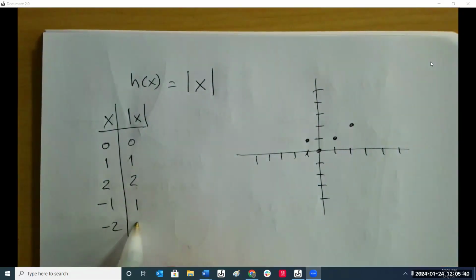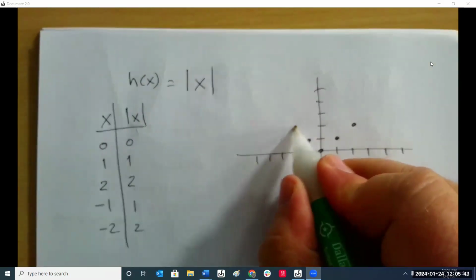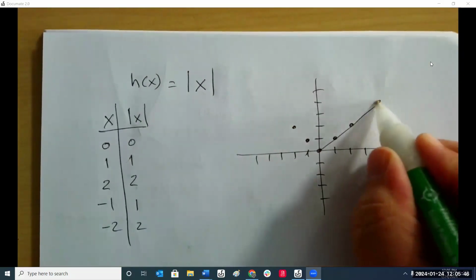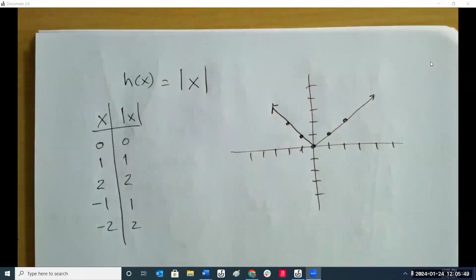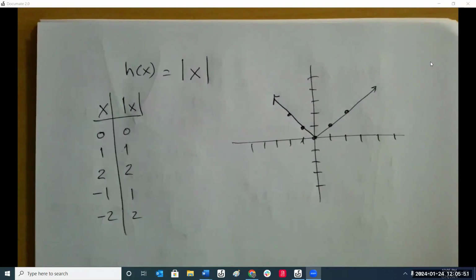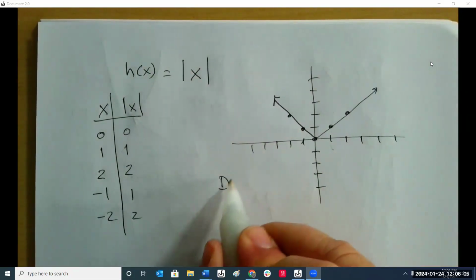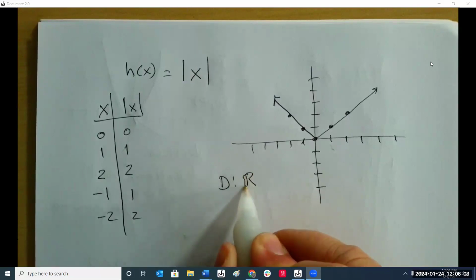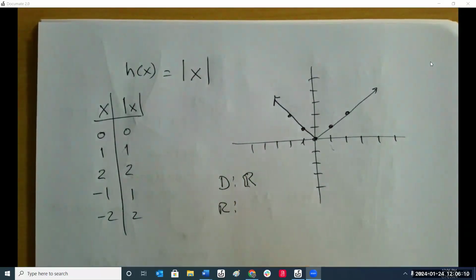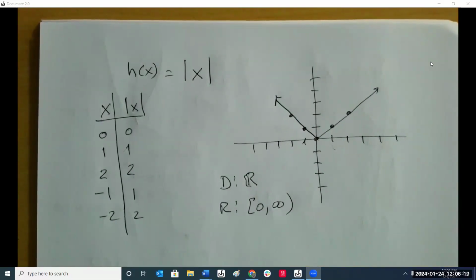Negative 2. So the absolute value is simply linear equations. One has a negative slope, one has a positive slope. But the answer can never be negative. So the domain here is all real numbers. And the range, 0 to infinity. Right, it's north of the x-axis.